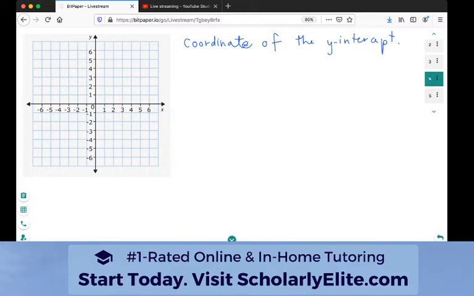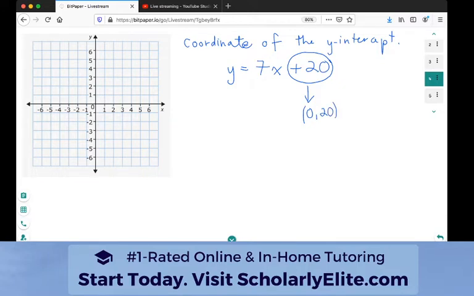When we are discussing a straight line, say we have y equals 7x plus 20, what does that make the y-intercept? Well, we know it's positive 20, but what is the actual ordered pair? The ordered pair is going to be (0, 20).